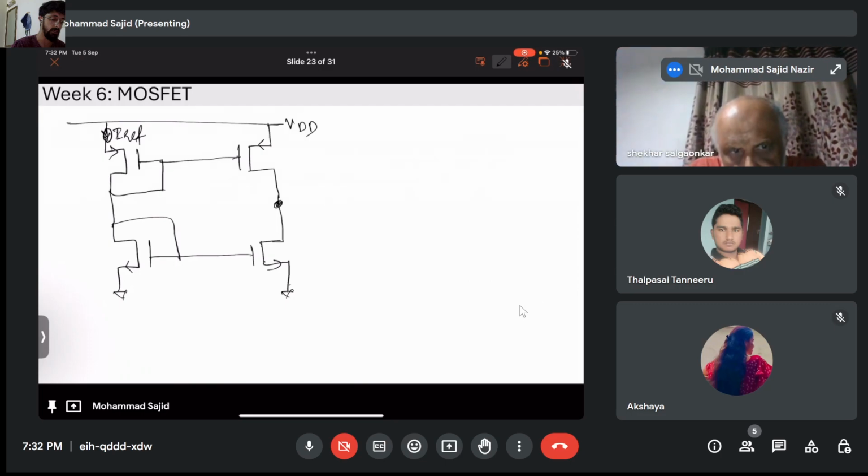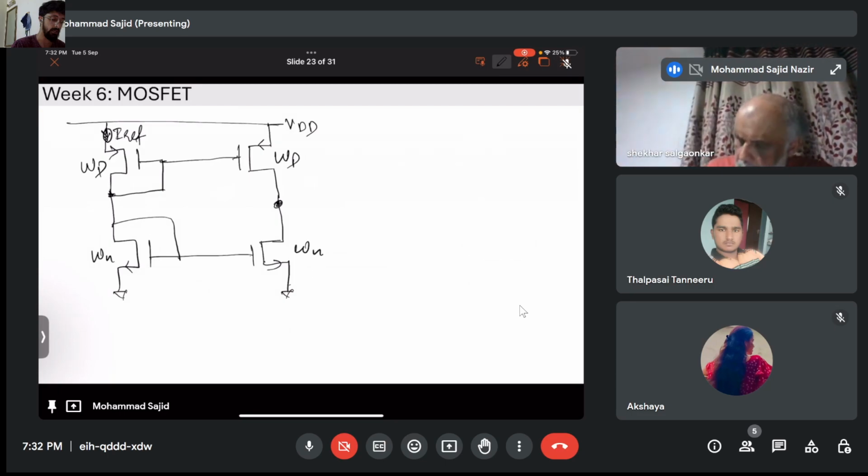So tell me, if this is WP, this is WP, this is WN, this is WN, what happens in the circuit due to this IF? If a total IF is flowing, there will be some potential here, right? This is the PMOS and current flowing through. This is in saturation, right? The current flowing through IR and this is IRF.